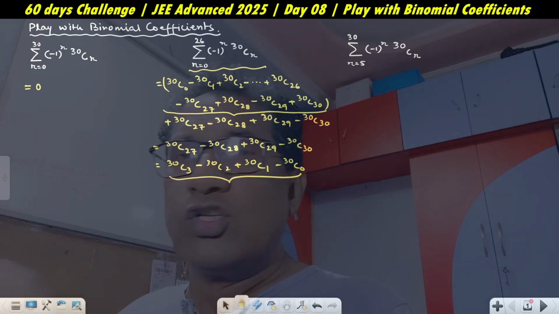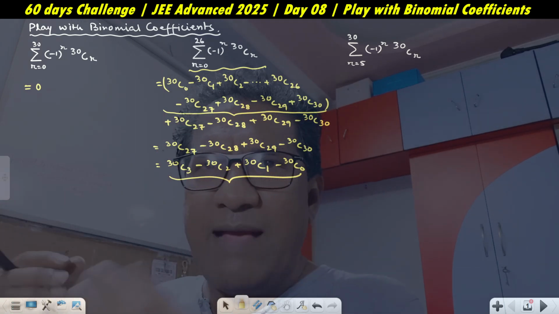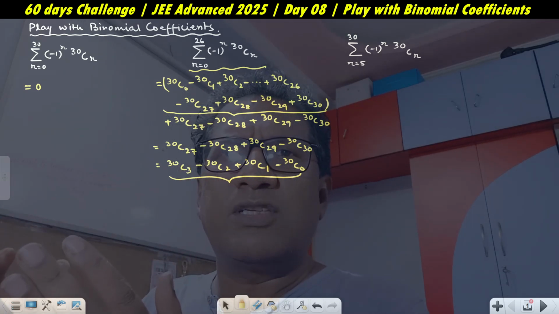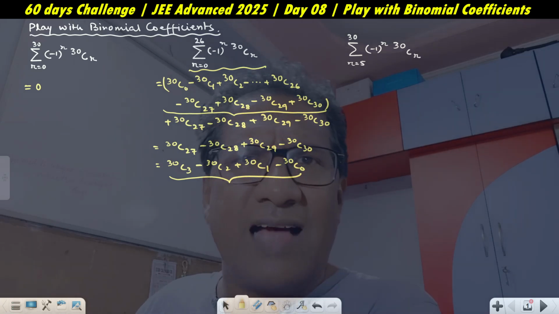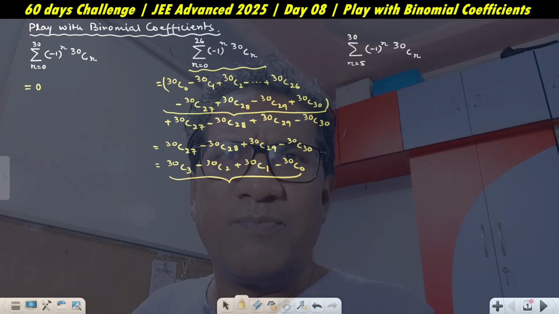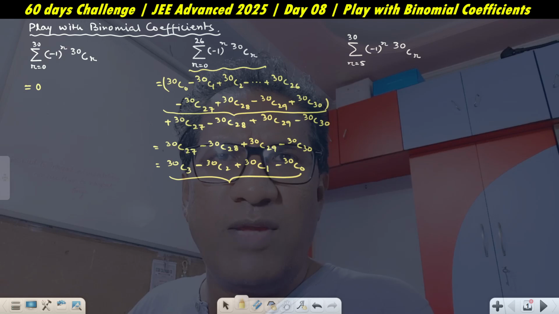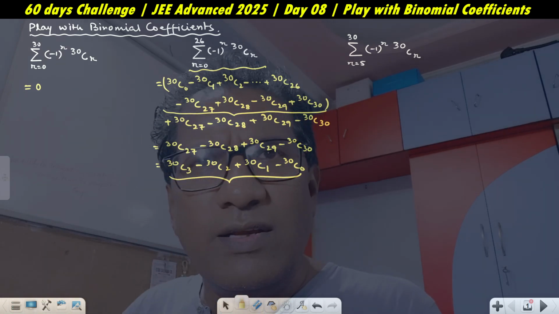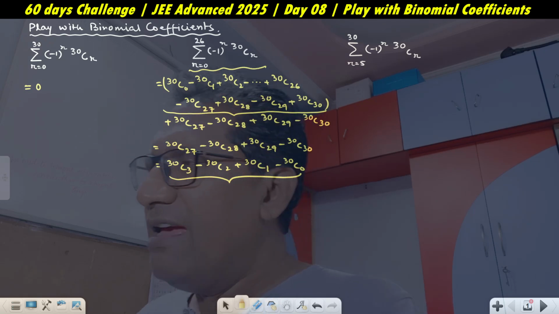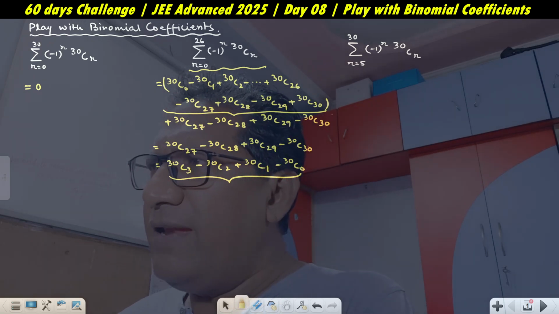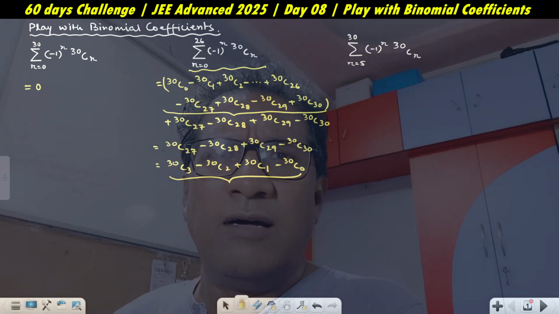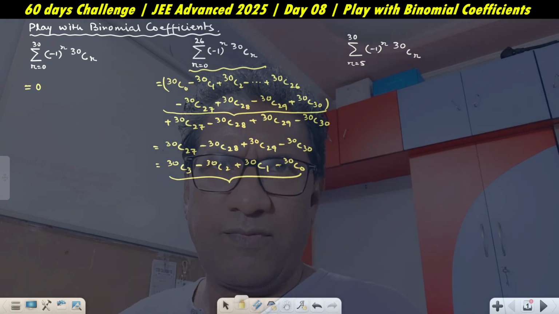Now, what is our prime motto? I have shown you, if some terms are removed from the last of the sequence, which contains binomial coefficients, you can still find out its sum. See the last problem here. I have removed certain terms from the beginning.